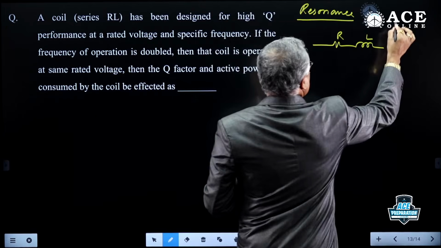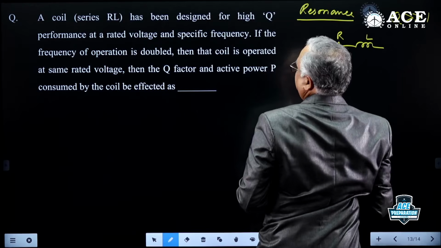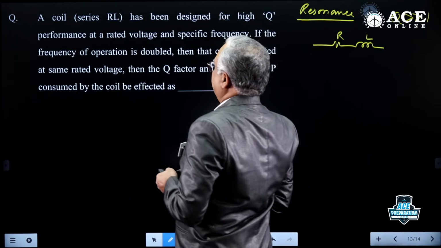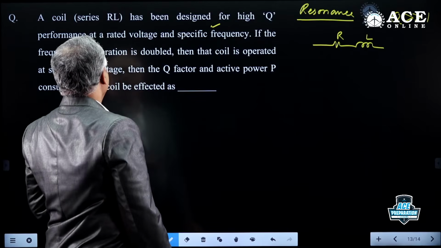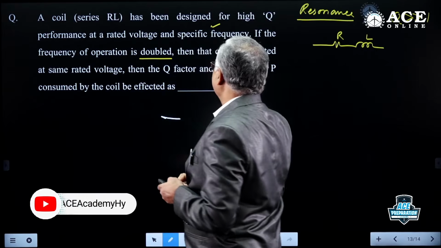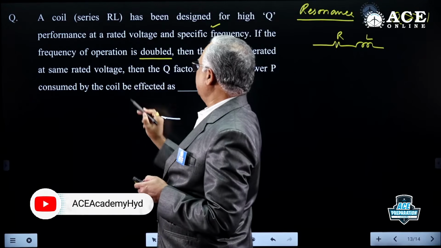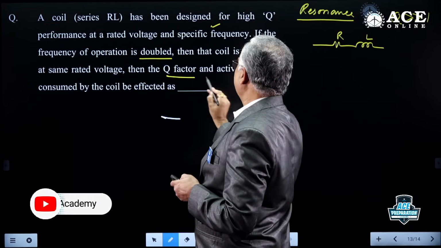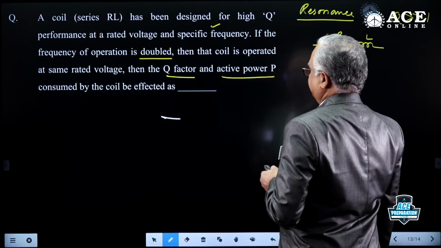High Q means quality factor is very high. At a rated voltage and a specific frequency. If the frequency of operation is doubled, then the coil is operated at the same rated voltage, then how are Q factor and active power P affected?